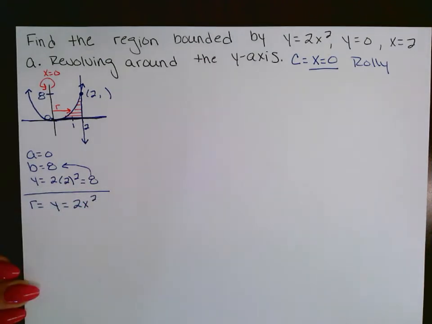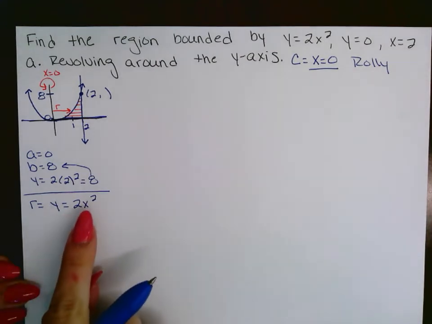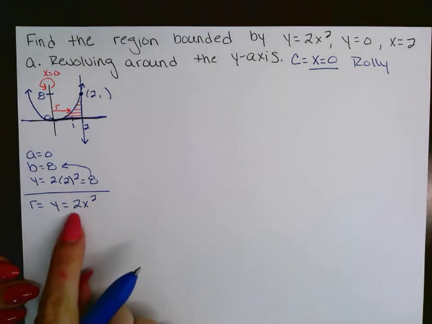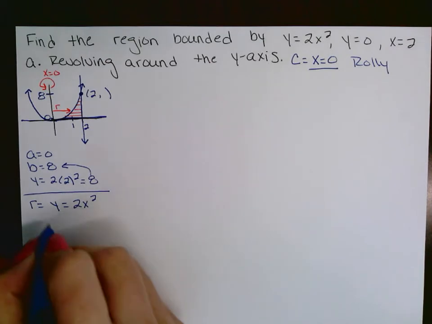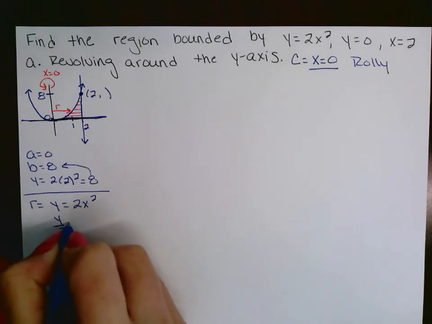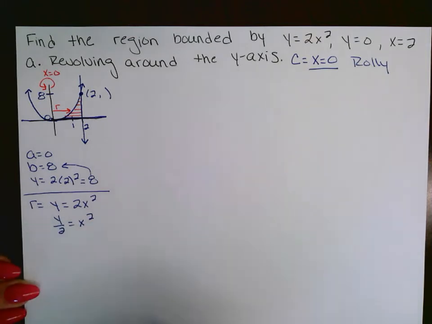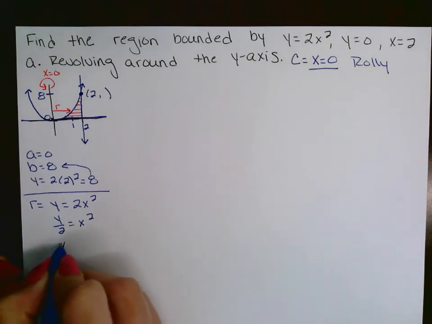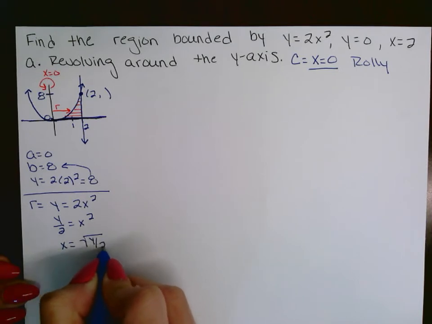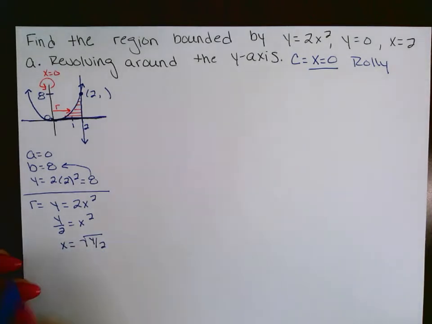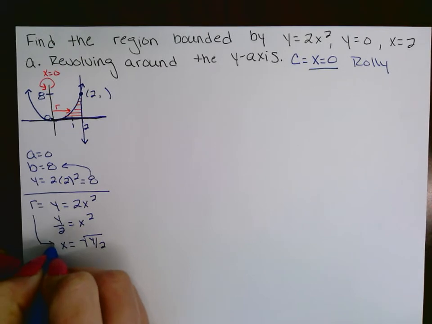The problem with that right now is that because this is a Rolly, I need the equation to be read in terms of y. So I need this x by itself and the equations to have y's. So what I'm going to do next is divide by 2 and then square root. So I could say x equals the square root of y over 2. Okay, and this is my lowercase r.